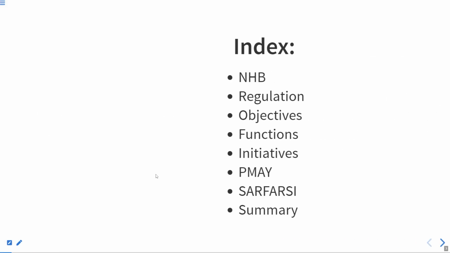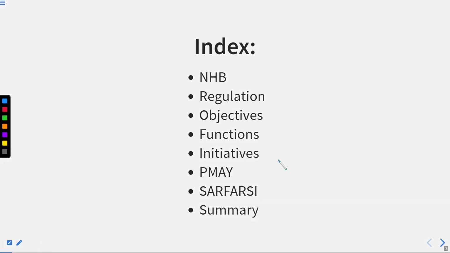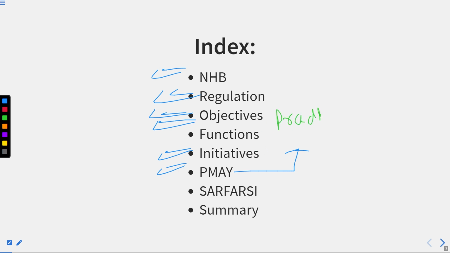This is the list we had to cover. We had done the NHB overview, its regulation authority, its objectives, its functions, initiatives, and also PMAY. If I ask you what PMAY stands for, it is Pradhan Mantri Awas Yojana.